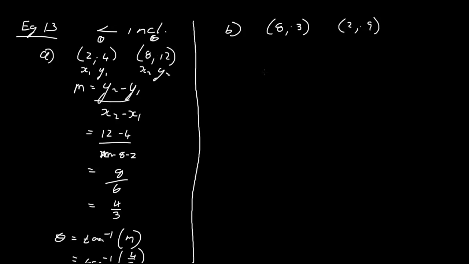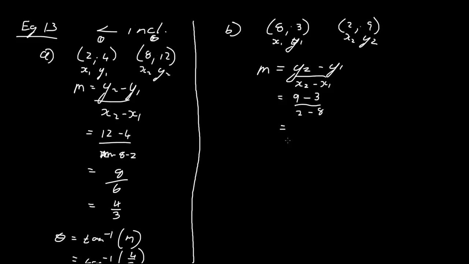So, let's start the same way as we did last time. 9 minus 3 is 6. 2 minus 8 is negative what?